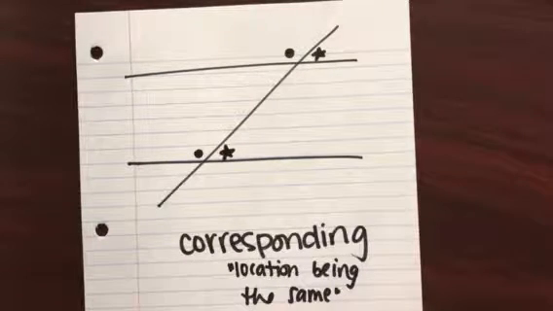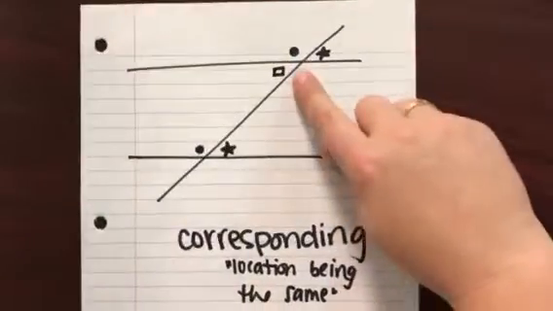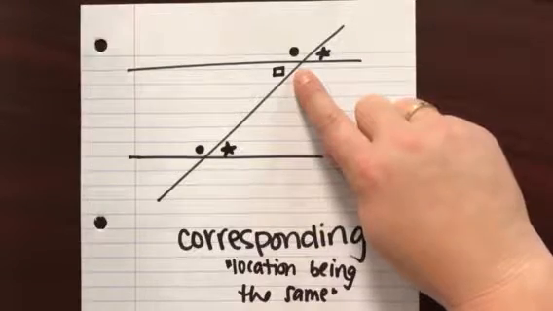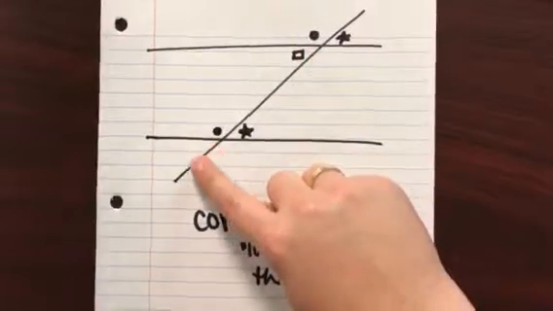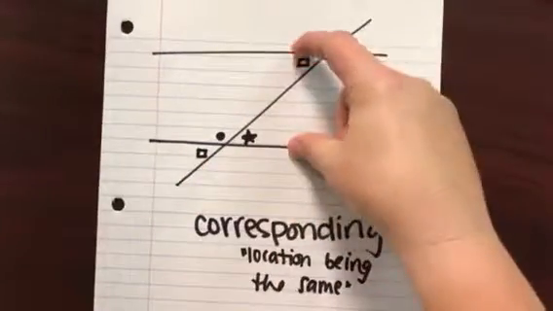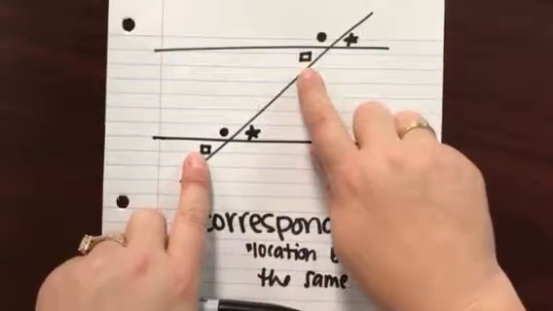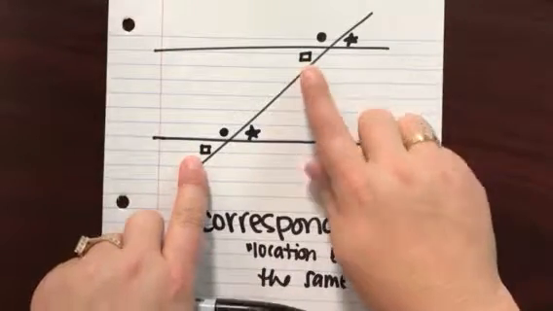Now we also have two more sets of corresponding angles in this diagram. The first one is if we go on the underside of our parallel line and our intersecting line, we can also find the same location on our second parallel line here. So when we look at our two horizontal lines versus our intersecting, these are going to be in the same location. They're going to have the same value.